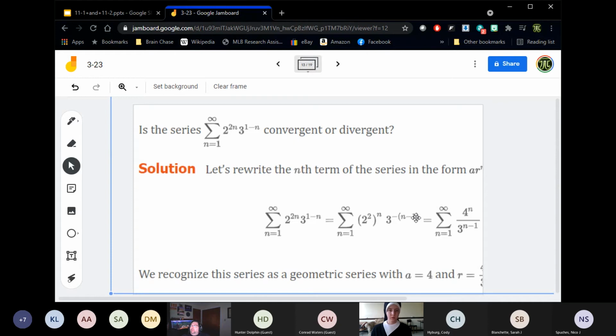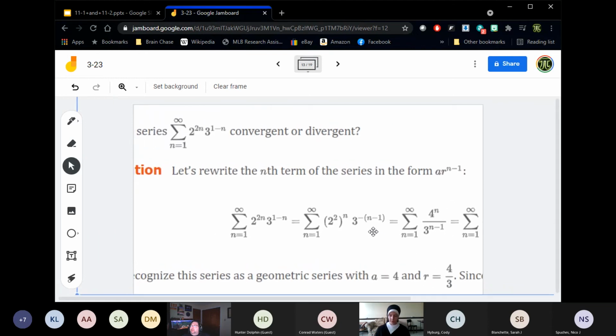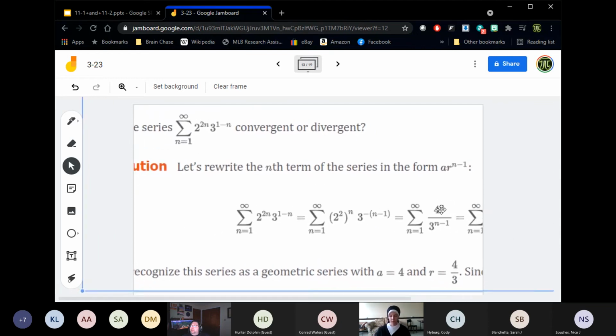And then the 3 to the 1 minus n, I can flip that and make it n minus 1, because I want that n value to be first. And now a negative exponent puts it down the bottom. So now I'm at 4 to the n over 3 to the n minus 1. Does that part make sense? This is using those exponent rules to manipulate the function.